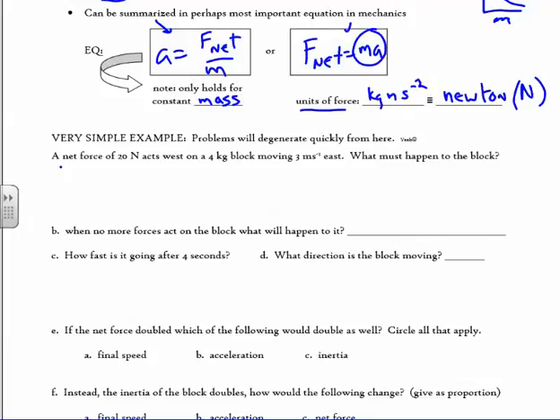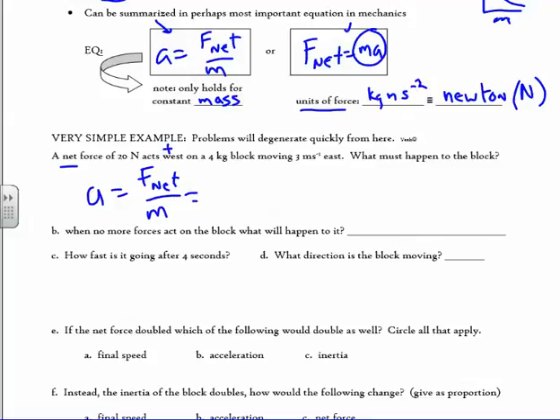Net force, that word net is really important here, acts on an object westward that's moving east, and what must happen to the block? Since there's an F net, it must accelerate, so let's calculate that acceleration. So the acceleration is simply F net over m. Okay, so I'm going to call west positive.